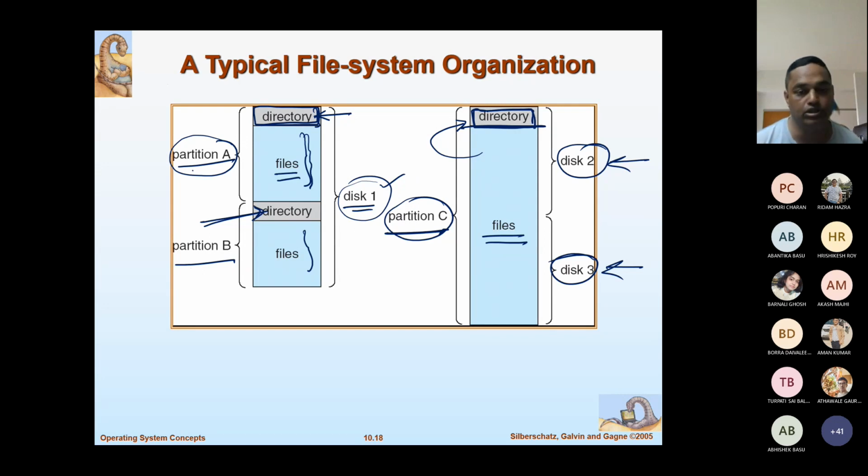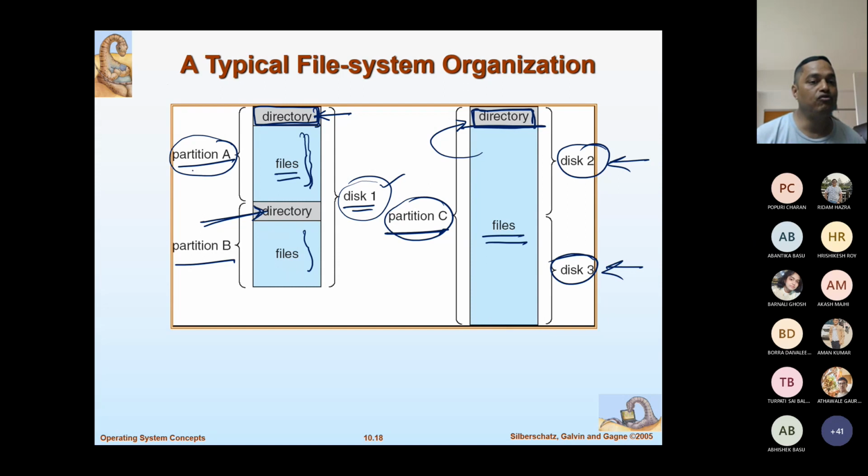But normally, what happens? When we say the hard disk is crashed, or when we say your Windows has crashed or your Linux has crashed, this is a very common phenomenon that happens with everyone of us. Suddenly you see that your operating system has crashed.